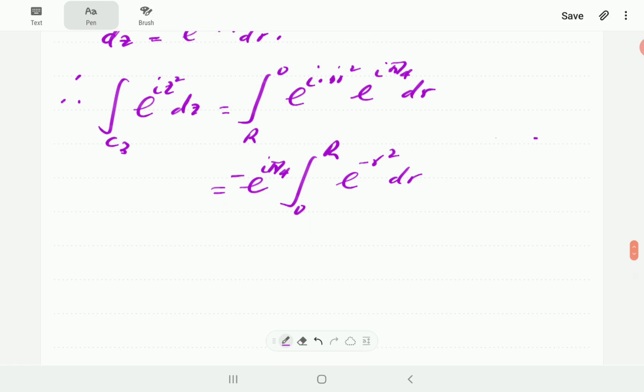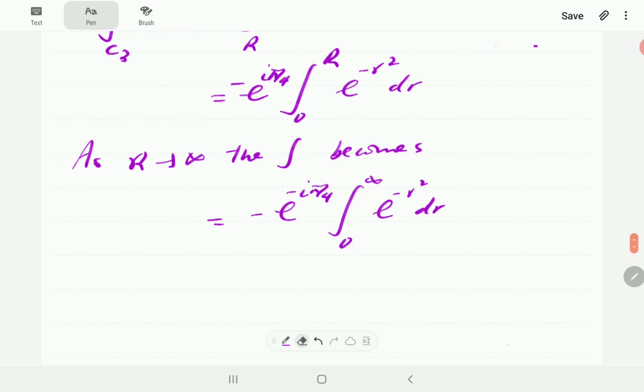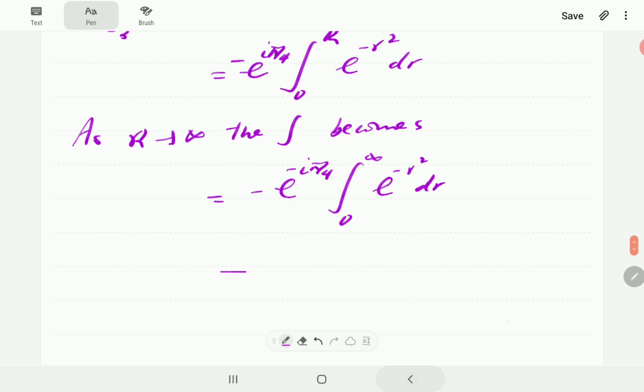Now in the limit as big R approaches infinity, this integral is going to be equal to negative e to the i pi over 4 times the integral from 0 to infinity of e to the minus r squared dr. But this is a standard gamma function integral, the value of which we know.